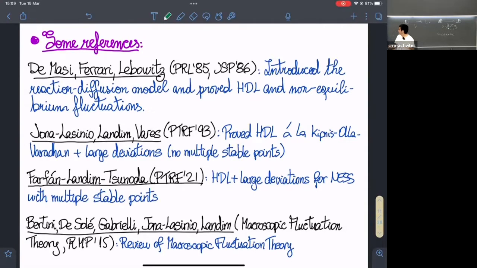This reaction-diffusion model was introduced by De Masi, Ferrari, Lebowitz in the 80s, and it was remarkable that they got a very nice picture of what was going on. So they proved the theorem I just mentioned to you, and they also were able to prove the associated central limit theorem, because a PDE, from the point of view of probability, is the same as a number.